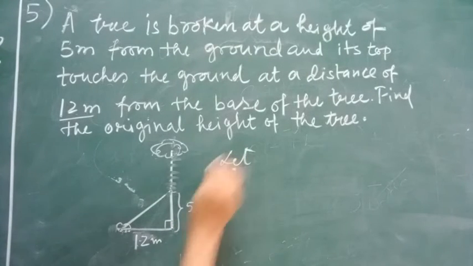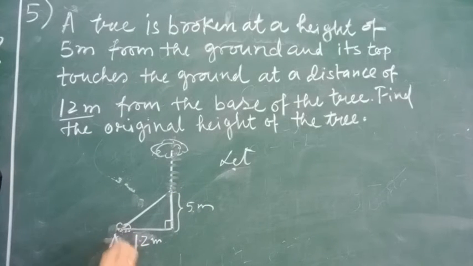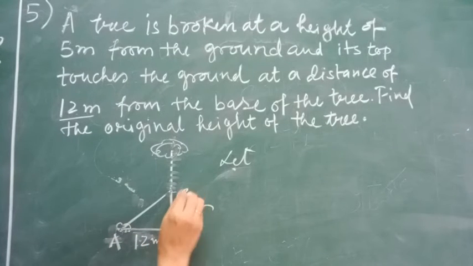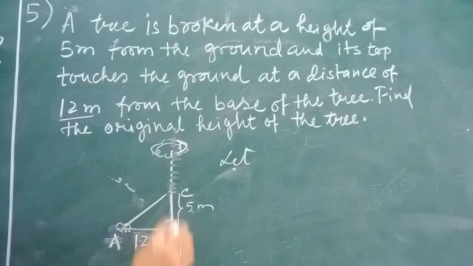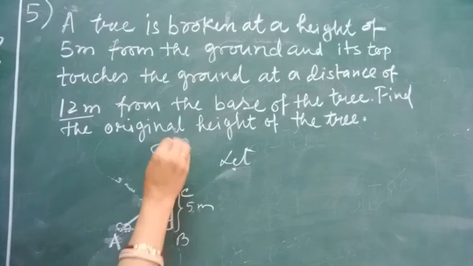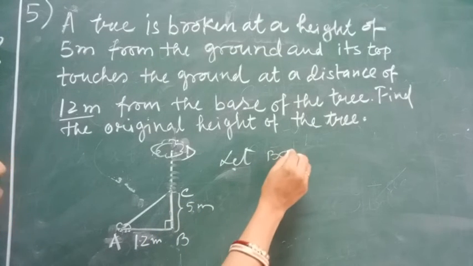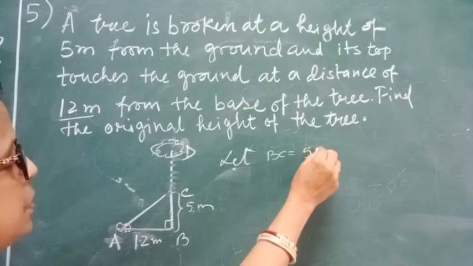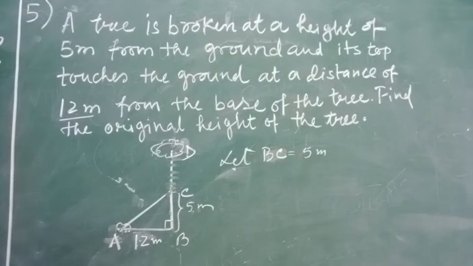Let us give the names A, B, C, and this is D. The total height of the tree is BD. Now let BC be equal to 5 meter.